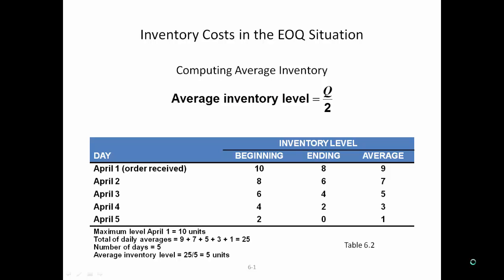If we look at the maximum level on April the 1st, we have 10 units, and the total of daily averages is 25. So we're taking the column to the right and taking the average of that column, and we find that the average inventory level is 25 divided by 5, which is 5 units.